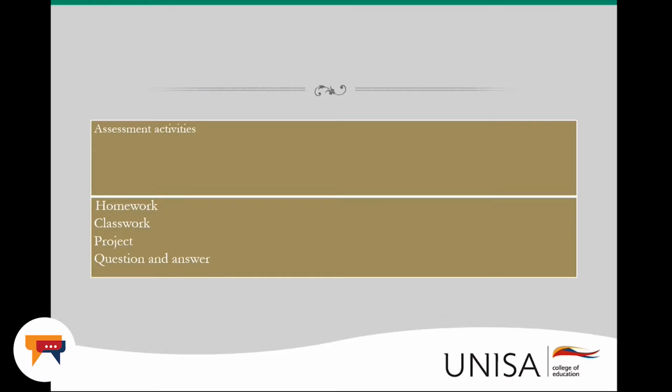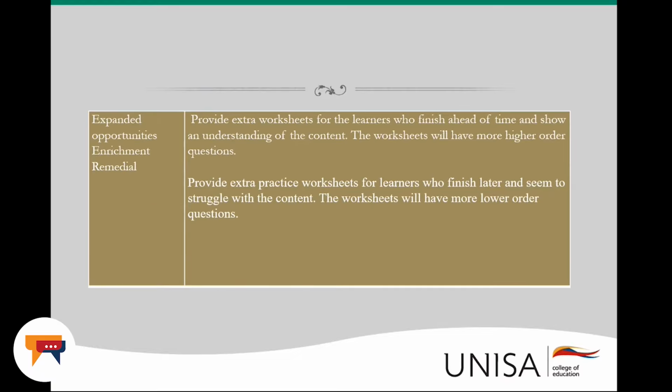Sometimes when you're teaching learners, you'll find that some learners understand the topic more than others do, and they tend to finish the activities faster. And some learners struggle a bit with the topic. So what would you do? You would need to give expanded opportunities for either enrichment or remedial purposes.